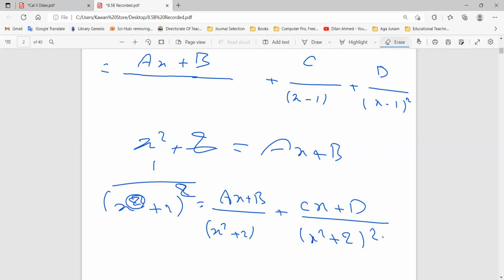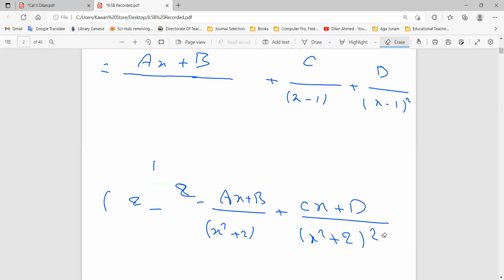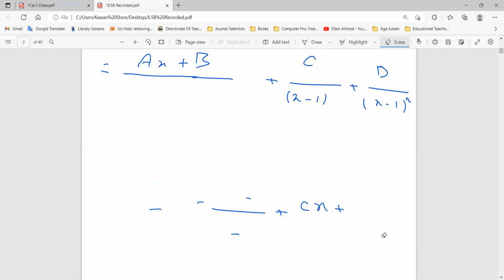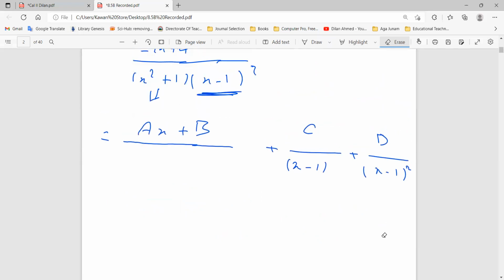So here, with any x squared, we are going to use ax plus b. And we are finding the common denominator, which is easy. So here we are, I say it is equal to x plus 1.